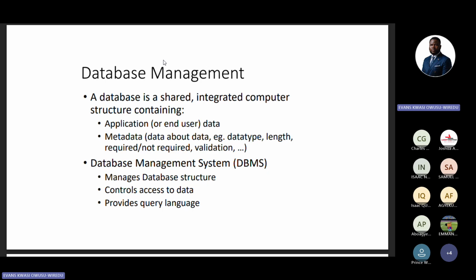All right. And then we have the database management system. So when you say database management system, this is the system that helps you to interact with the data that you have collected, the data that you need, right? This is a system that is specially created by software developers, programmers, software designers, right?